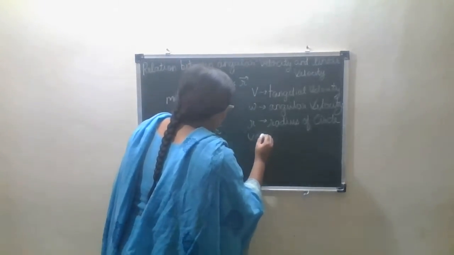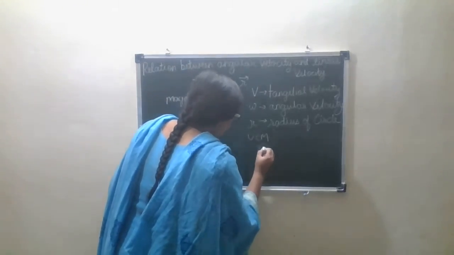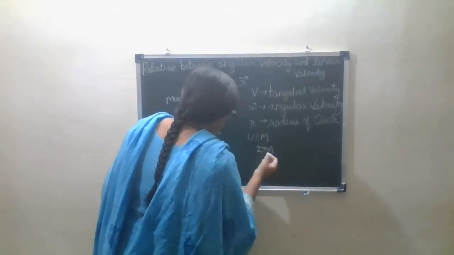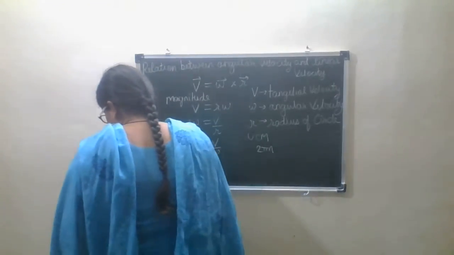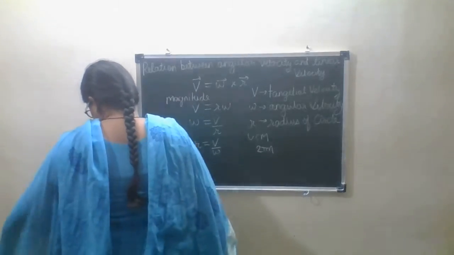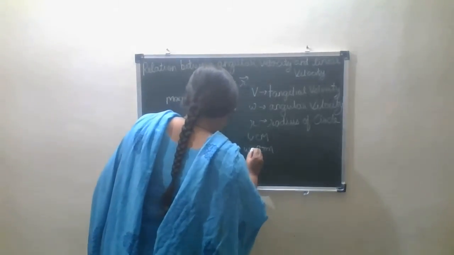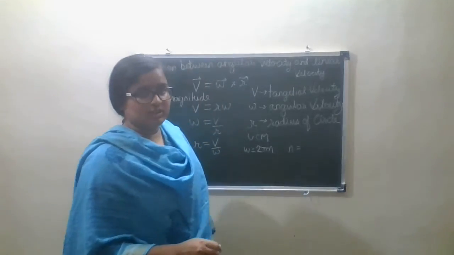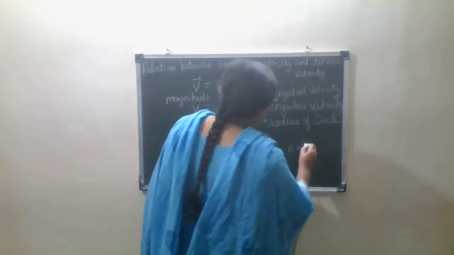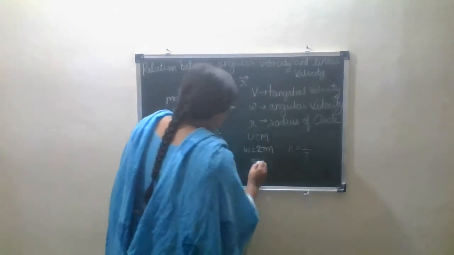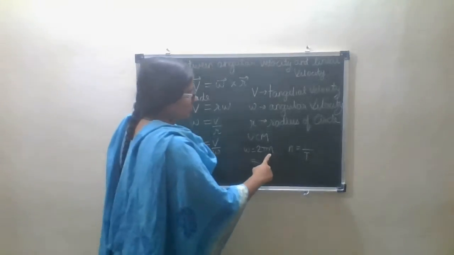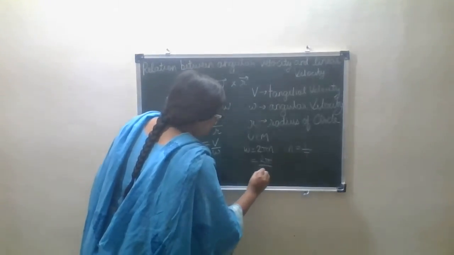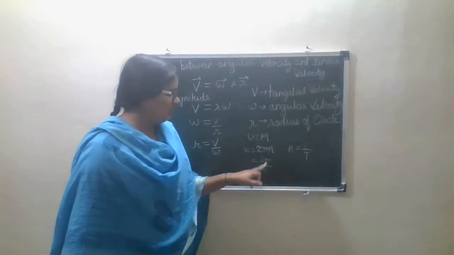And in UCM the time period was 2 pi n, where n is the frequency, and we know n is equal to 1 upon T. Then after substituting the value of n in this equation, we will get 2 pi upon T. So n is the frequency, T is the time period.